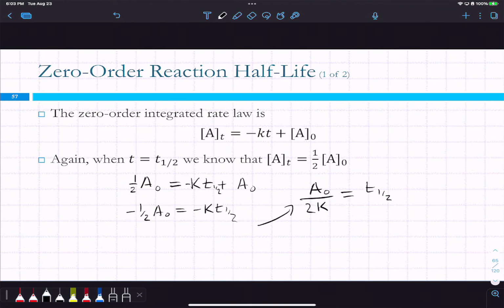So how do you think that this is going to affect half-life? As our concentration's decreasing, is the half-life going to get larger or smaller? Smaller, right? As A0 goes down, it's going to be more directly proportional to the time, or the half-life.